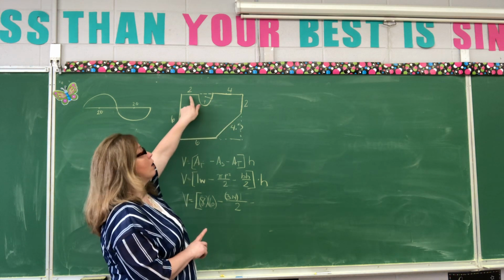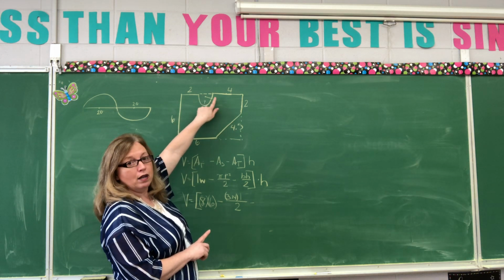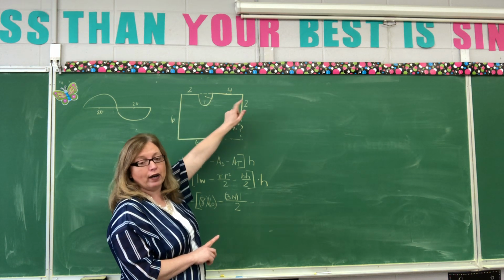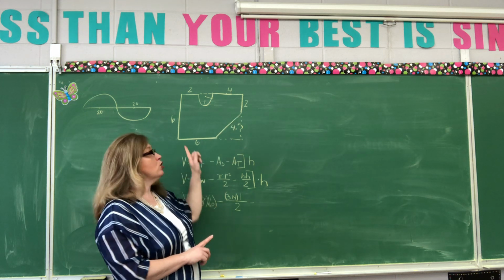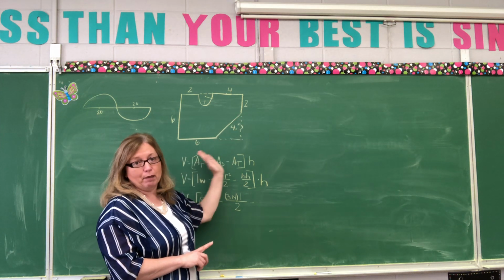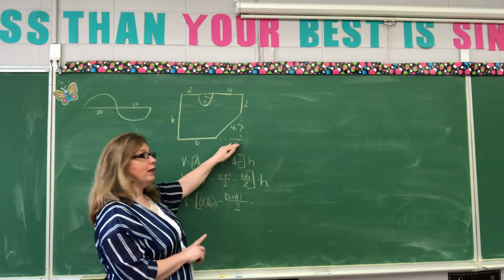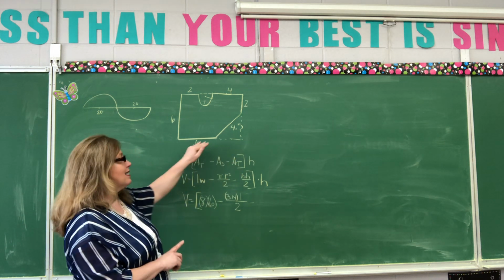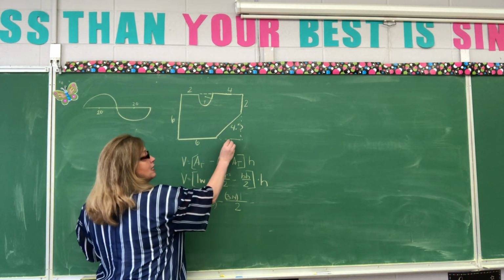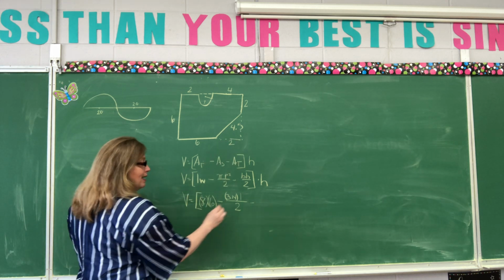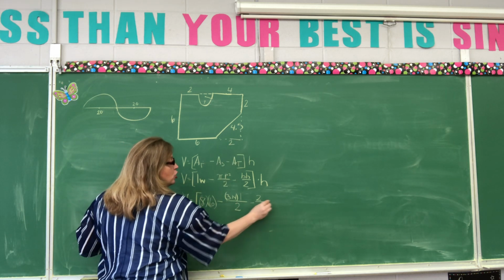We said 2 plus 1 plus 1 plus 4, giving us 8. Okay, so if the top of this is 8 and the bottom of this is 8, how big is my triangle? Well, 8 minus the 6 makes this a 2. So the base of my triangle is 2.